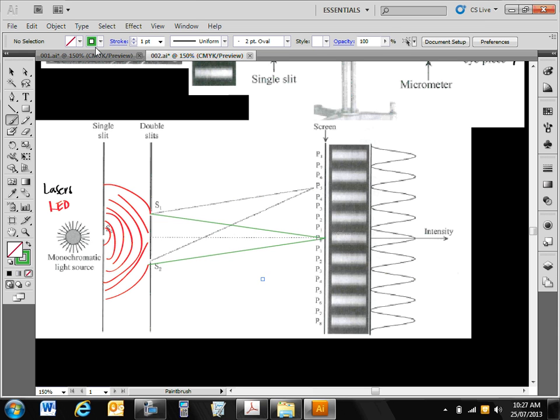What about if I remove those and draw them to P1, it says. Okay, so to P1, what's the path difference there? Can anybody see straight away? Use your interference pattern.